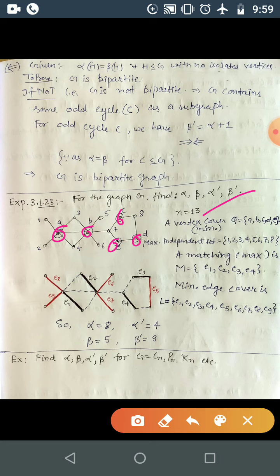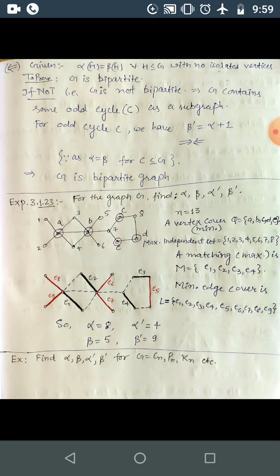Maximum independent set is given by vertex number 1, 2, 3, 4, 5, 6 and 7, 8. Okay, the remaining vertices except this minimum vertex cover, that will give you independent set.